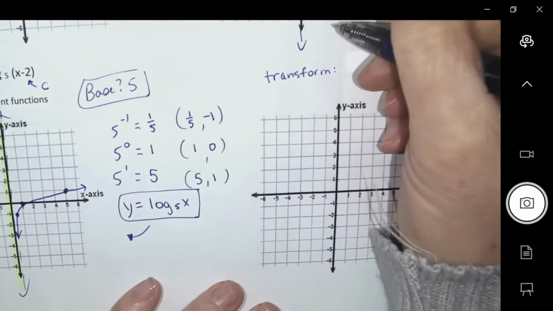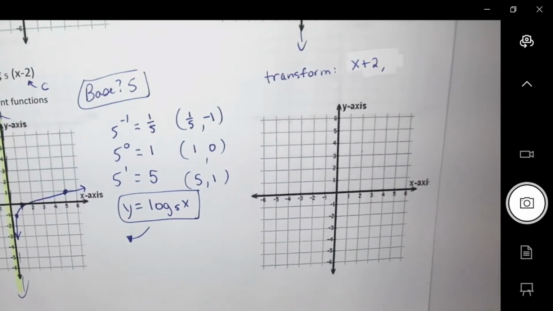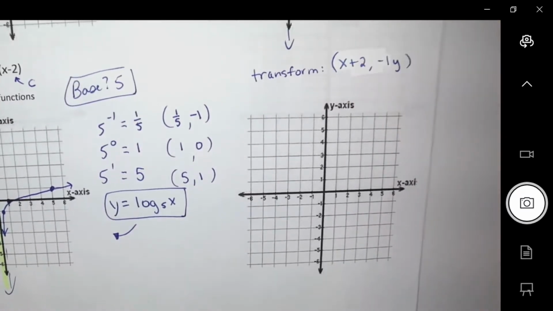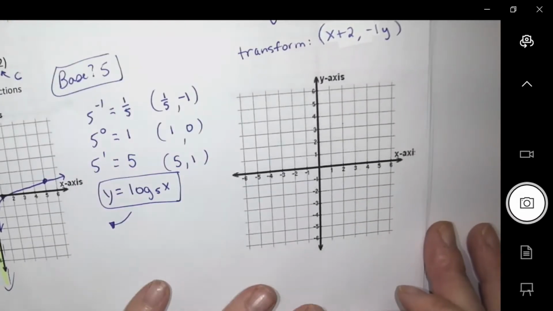How do I do my x plus 2, negative 1y? Okay? Remember doing that in the transformation unit? Same thing. X divided by b minus c and ay plus d.